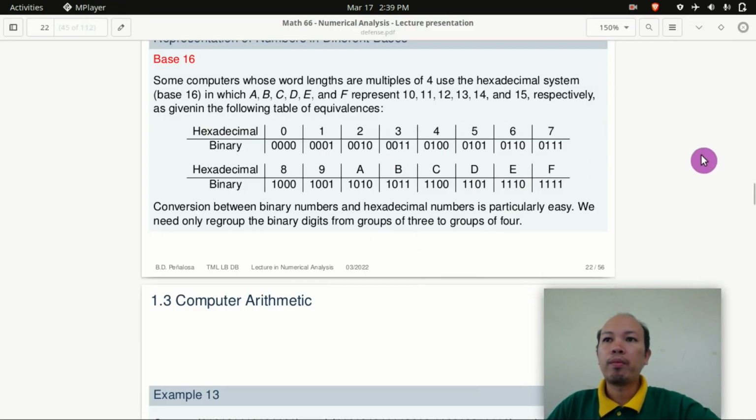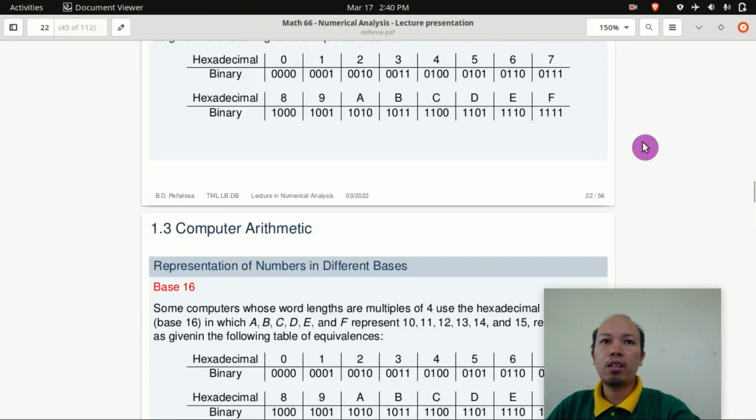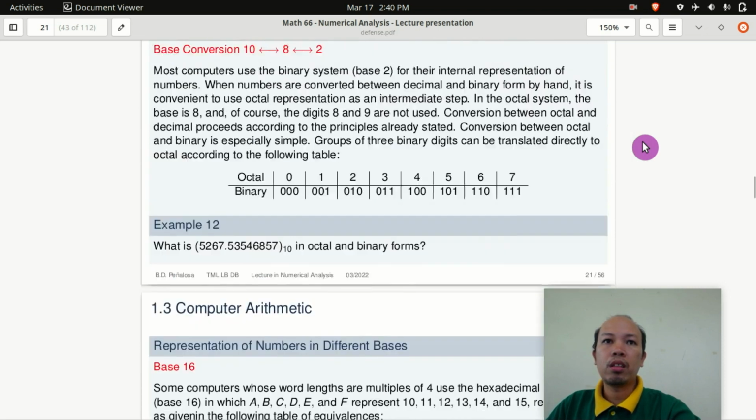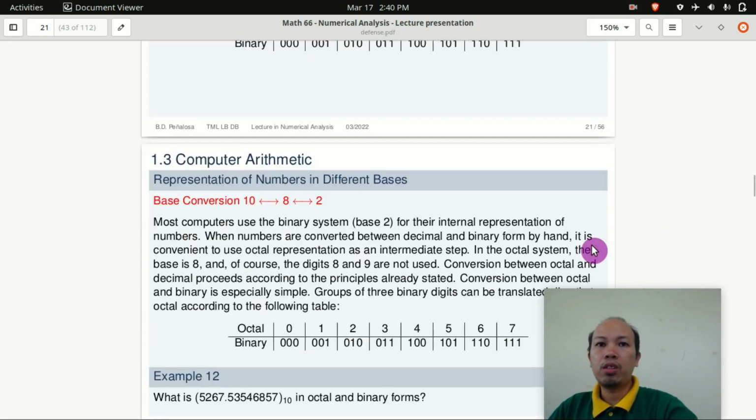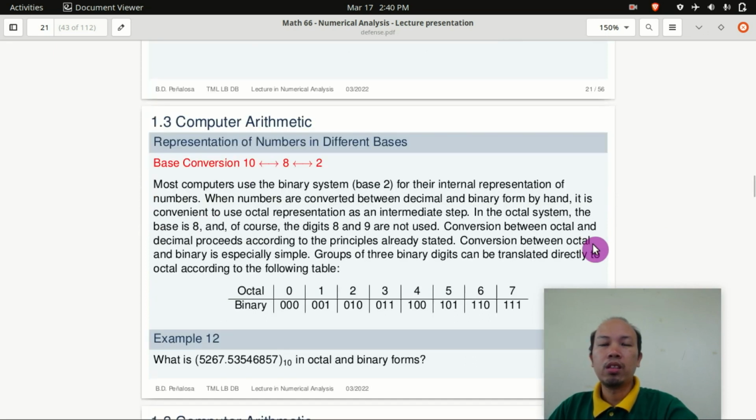Here you are in base 10, go to 8 and then go to 2 and then go to 16 if you are going to convert from decimal to hexadecimal. Okay, that's the most efficient way.